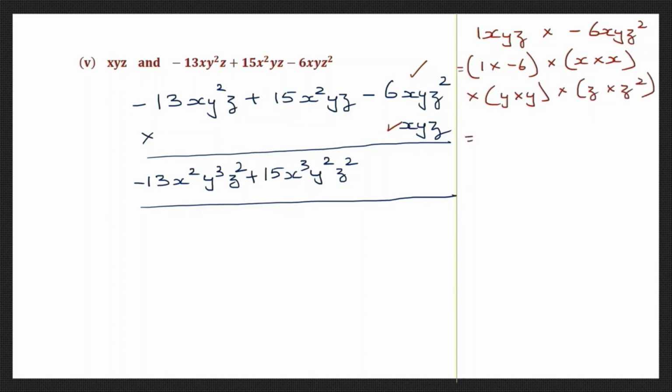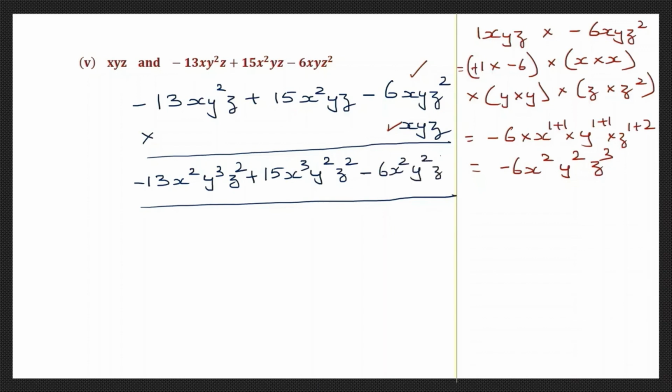So that will be minus into plus will be minus 1 6s are 6 into x to the power of 1 plus 1 into y to the power of 1 plus 1 into z to the power of 1 plus 2. So minus 6 x to the power of 2, y to the power of 2 and z to the power of 3. So the final answer here is minus 6x square, y square and z cube.